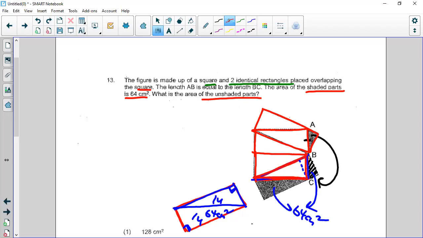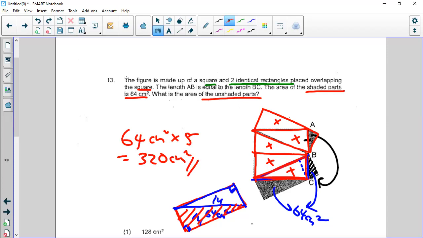So how many unshaded altogether? 1, 2, 3, 4, and 5. There are 5 unshaded triangles, and the shaded triangle, the black one, is 64 cm square. So you just times 5 to get the unshaded, and that's how you get 320 centimeters square.